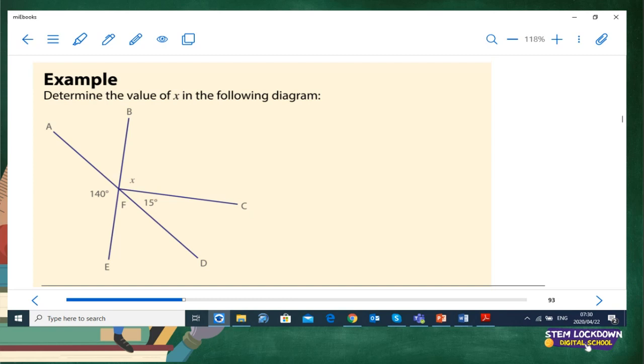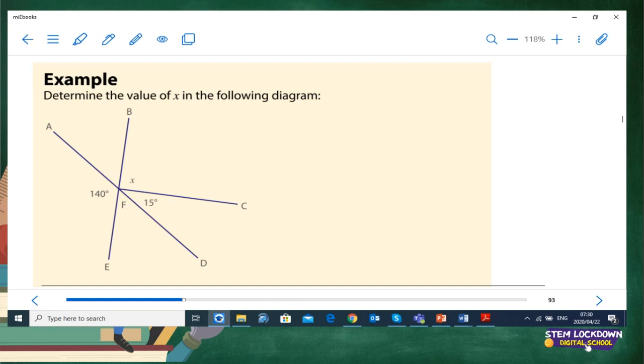For example, AD and BE, they cut each other at the point F. And a new line is drawn, FC, such that there are about 5 angles that are formed. Amongst them, you have X. Now, we need to find the value of X.